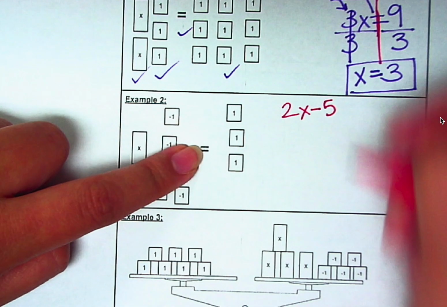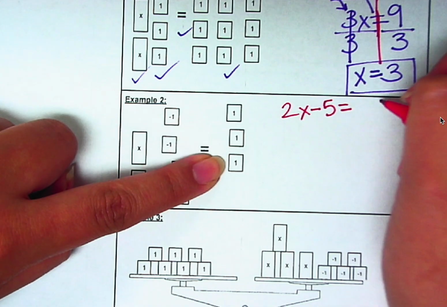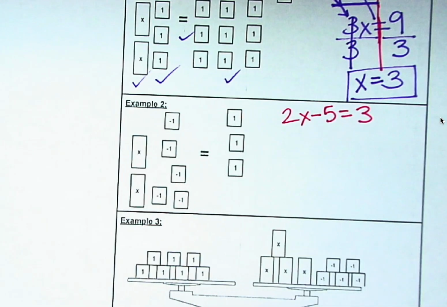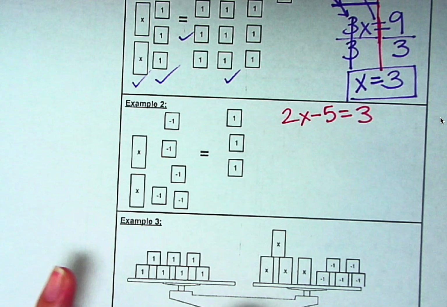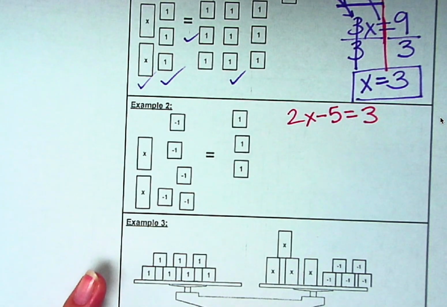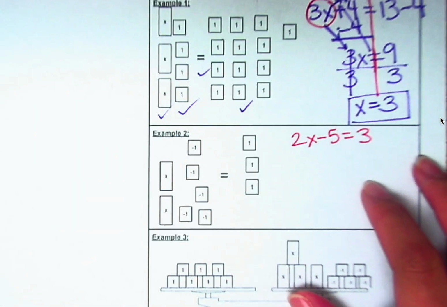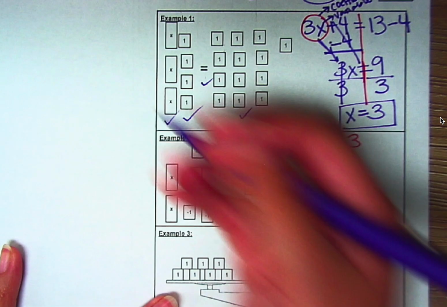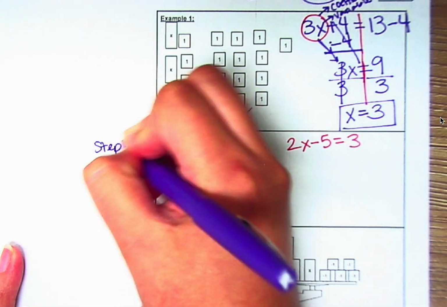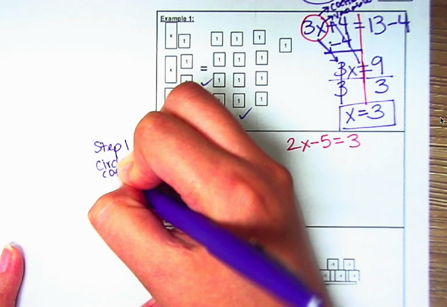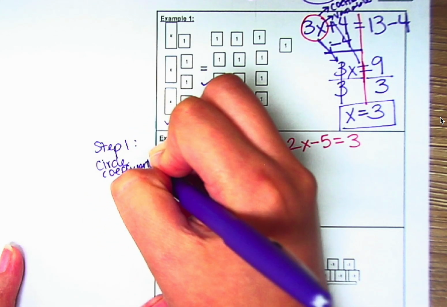Okay, our equal sign, and then there's just 3 positive ones, right? Okay, so now let's do our equation. Let's solve for x. So for those of you that need steps, let me write on the side. The first step is to circle coefficient and variable.